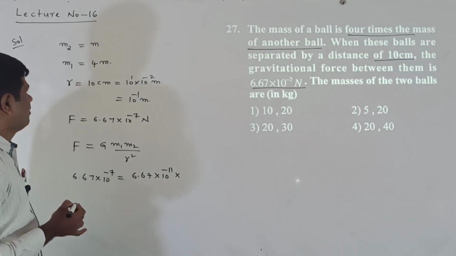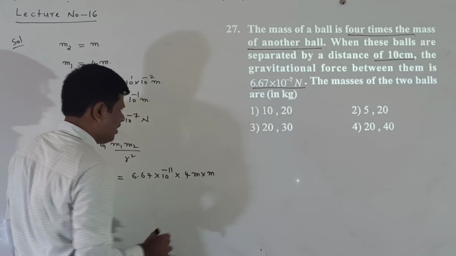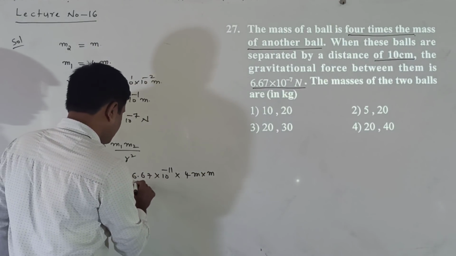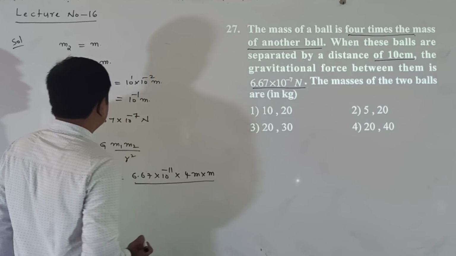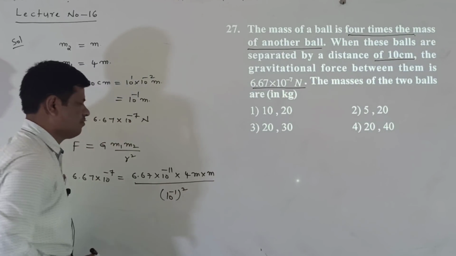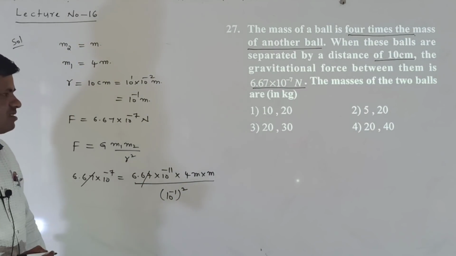We know that m1 equal to 4m, m2 equal to m, and the distance is 10 power of minus 1 whole square. Now 6.67 and 6.67 cancel.